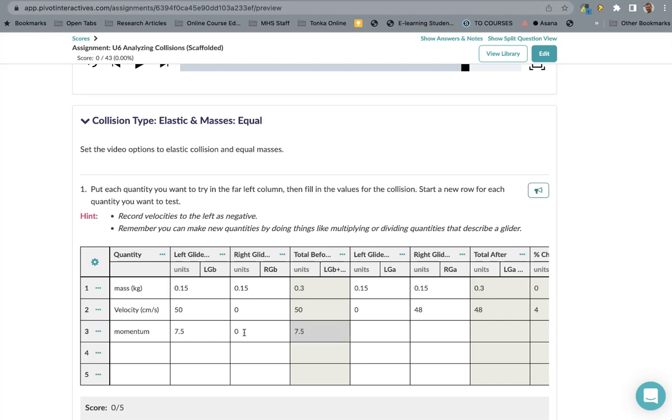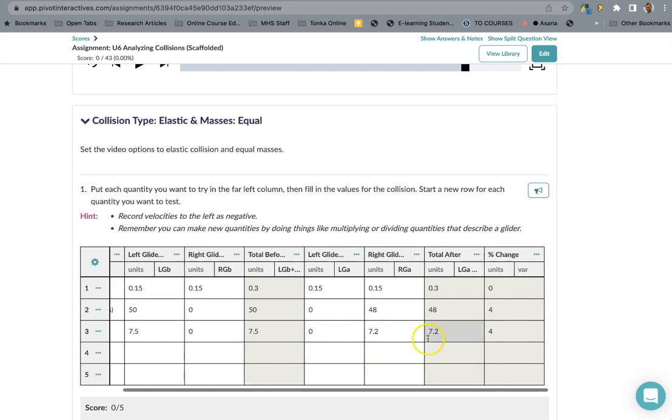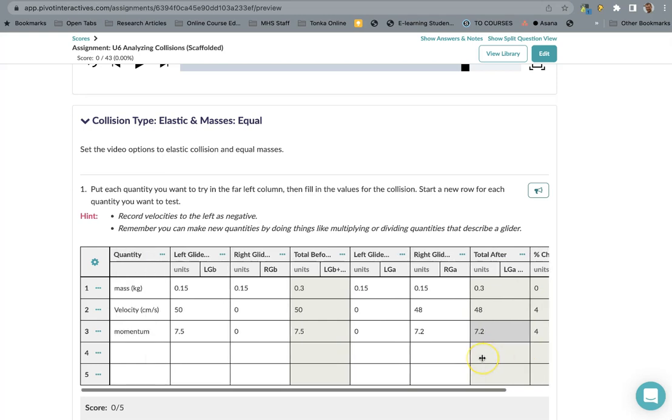This one is 0. There's my change, and now I have 0 and 48 times 0.15, and that is 7.2. Ideally, these are going to be really close to each other. Again, a little bit of a percent change there.